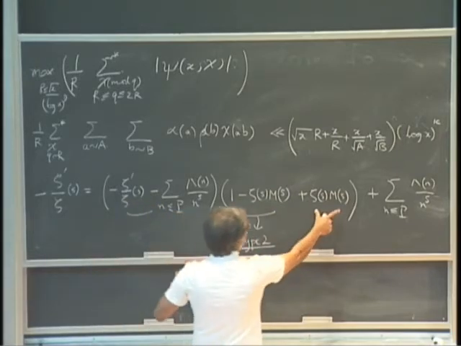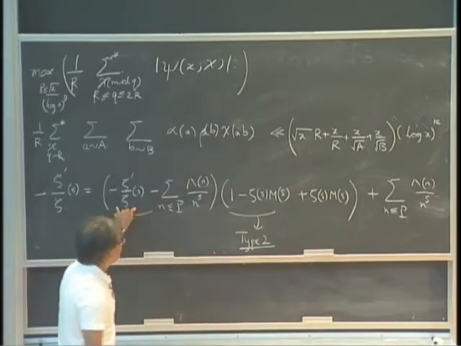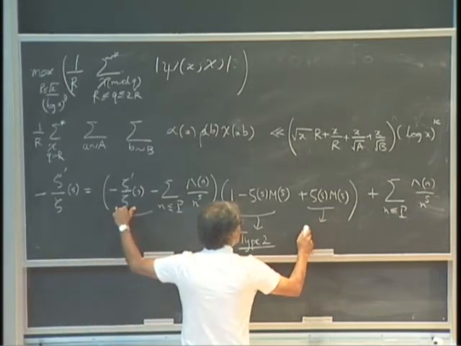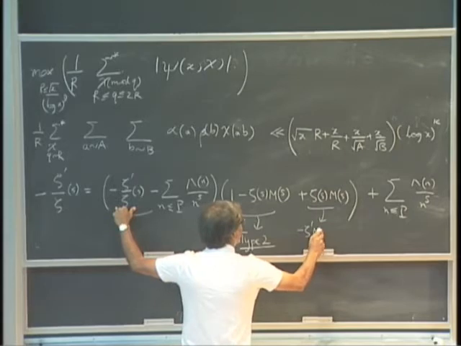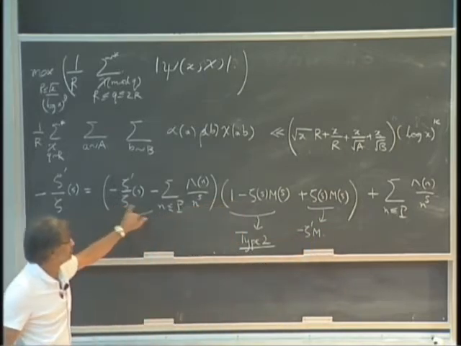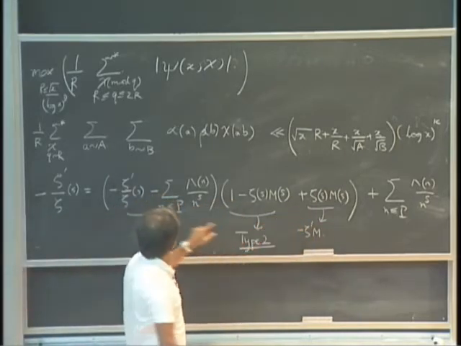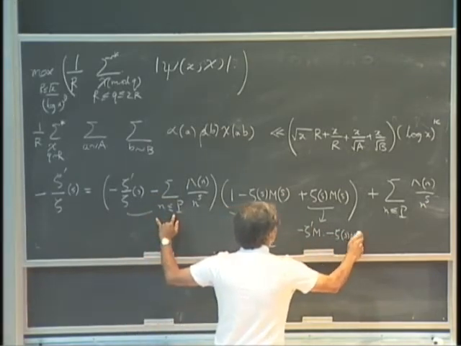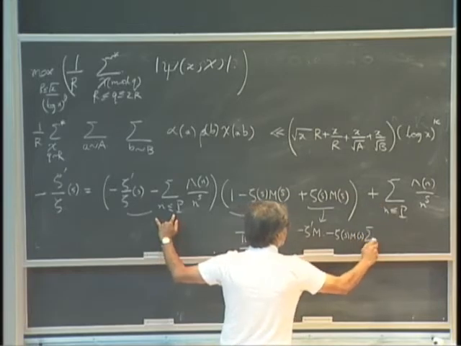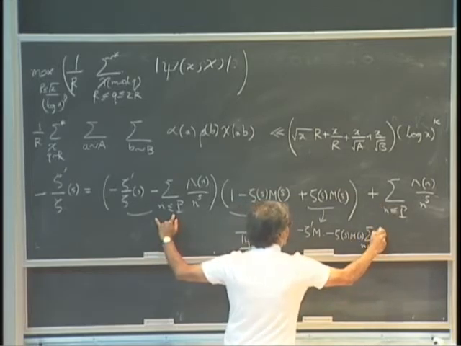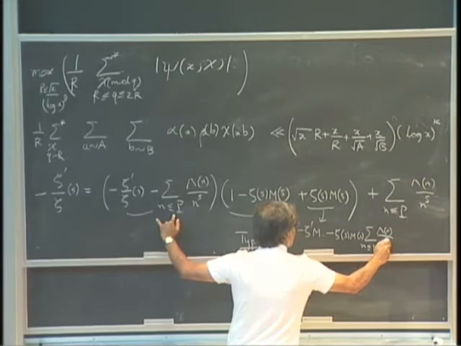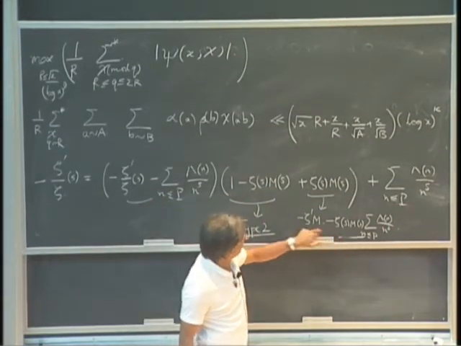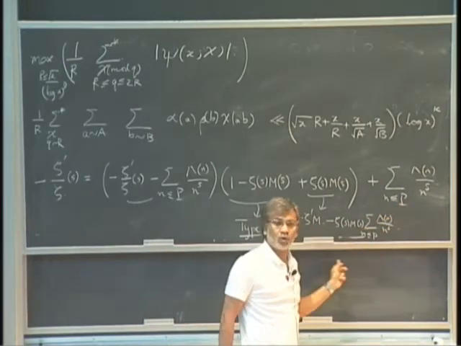And then this quantity times zeta primed over zeta gave me something like minus zeta prime times m, multiplying this with that. And then also from here you get something like minus zeta of s, m of s, and then this guy, n up to p, lambda n over n to the s. These three terms here we call the type 1 sums.